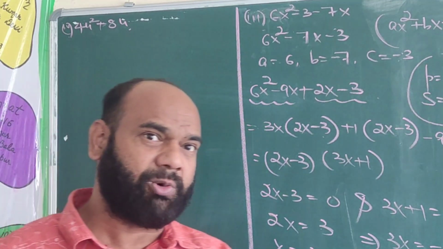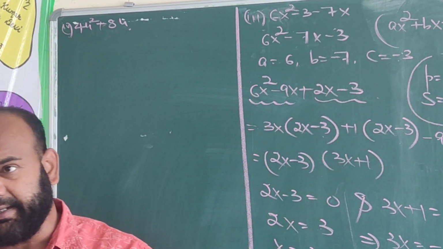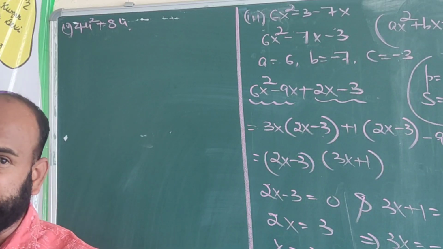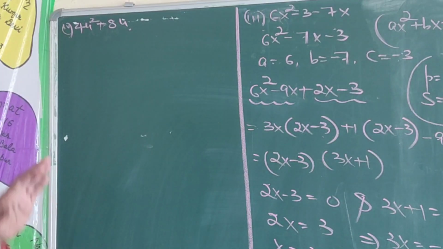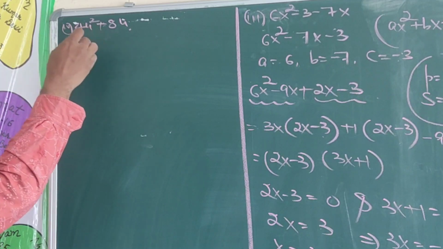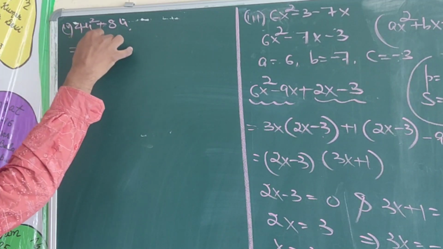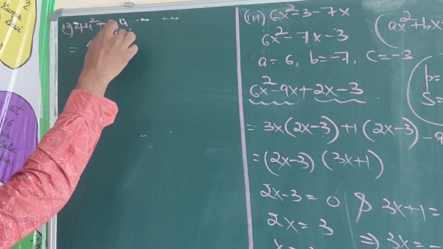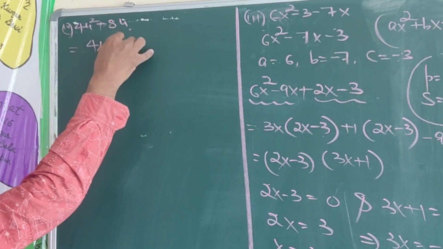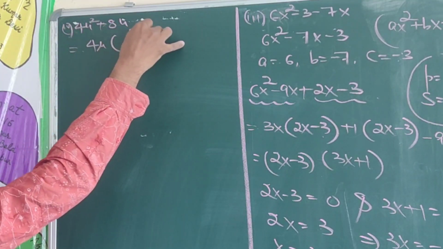When in any quadratic equation the three terms are not prime, it can be solved directly. For example, in 4u square plus 8u, we directly see that the common factor is 4u, so it can be written as 4u times u plus 2.